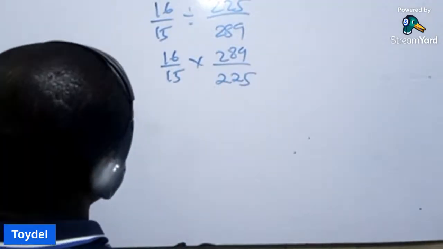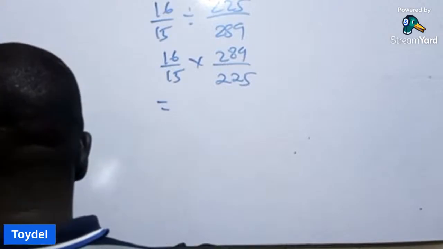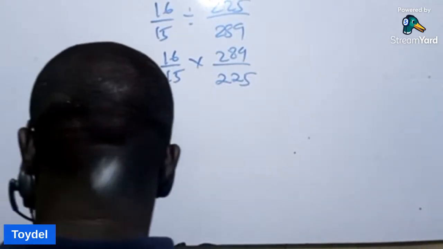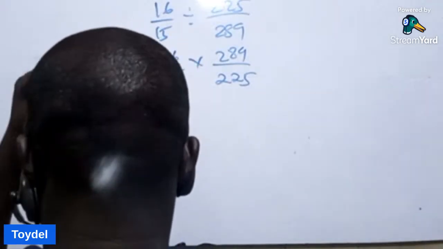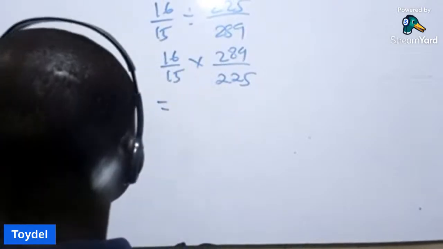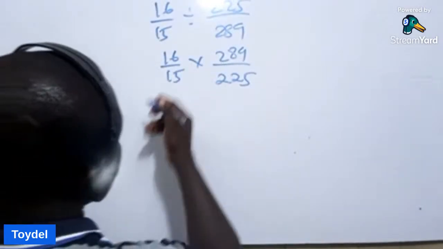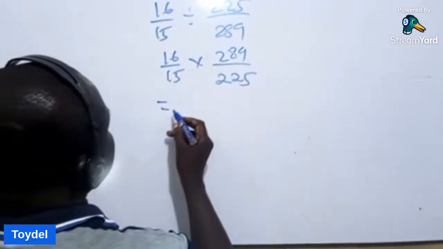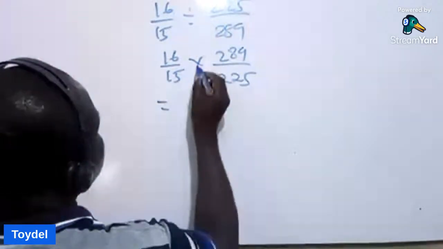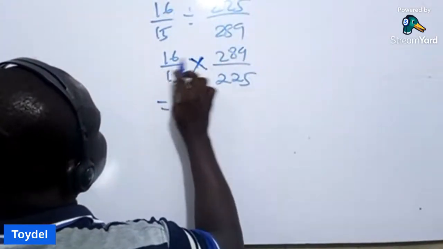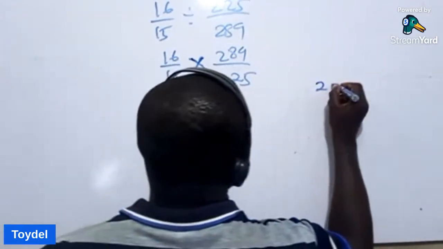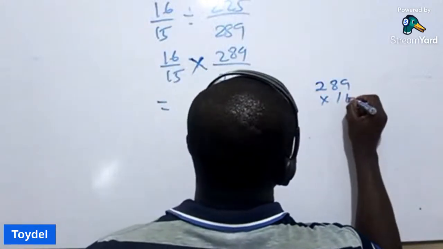So if that is what we arrive at, then finally, we are going to have this. Then 16 times this. So this is 289 multiplied by 16.